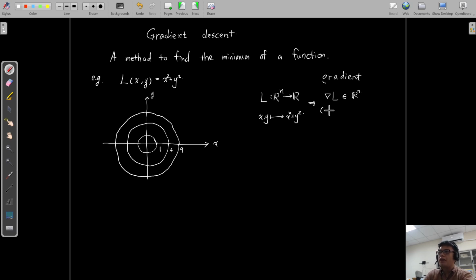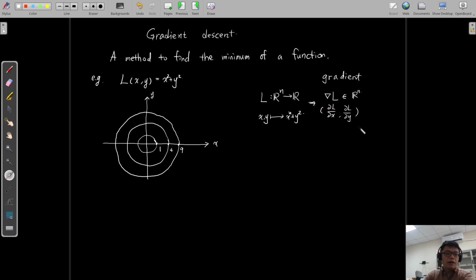And what are the entries? The entries are the partial derivative of L with respect to x, the partial derivative of L with respect to y, and if you have more variables, then it is the partial derivative of L with respect to each of the variables.